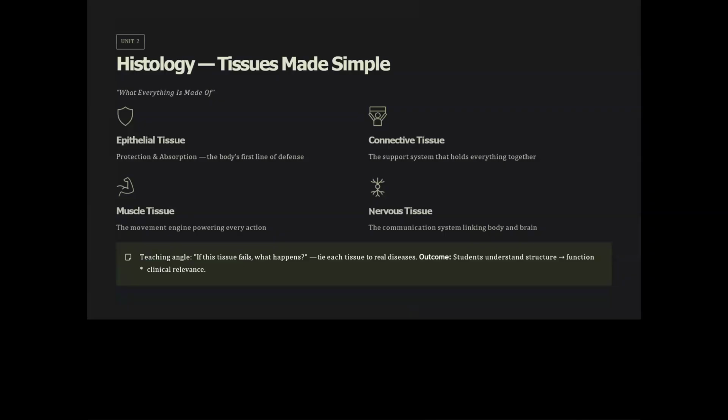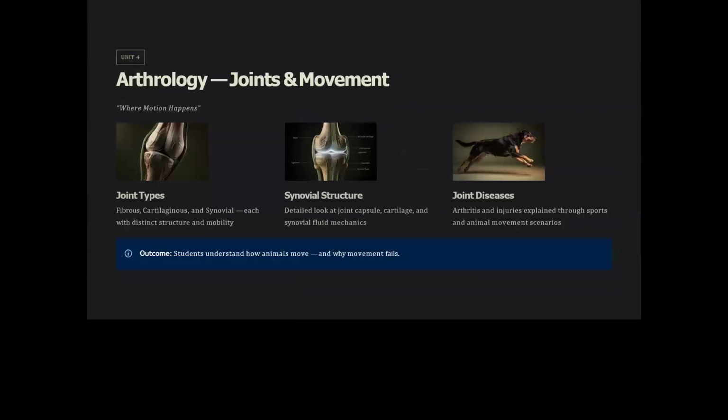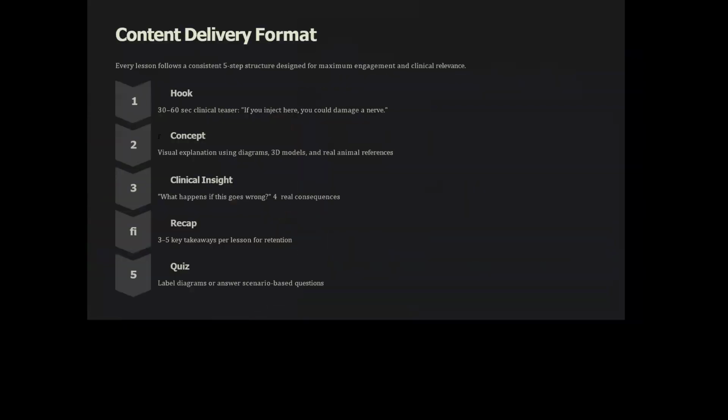We'll continue with histology, explaining briefly to give you what it means and a picture of it. Also we'll go deep into osteology, arthrology, the movement of joints, myology, muscles, and then that's it.